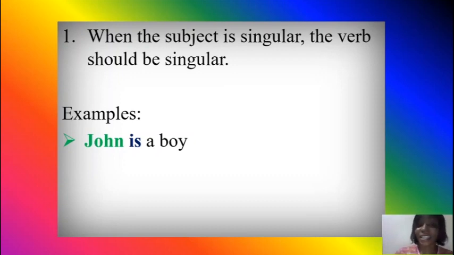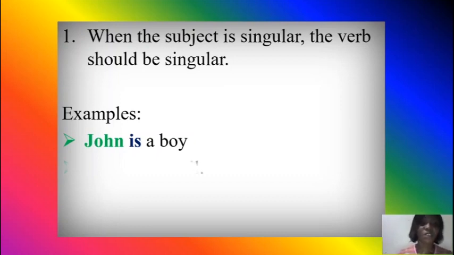In this kind of sentence, the subject and the verb agree in number. John, singular. Is, singular. You can't say John are a boy. No. John are a boy would mean it's many, while John is just one person. So you go with the verb is because that is a singular verb.